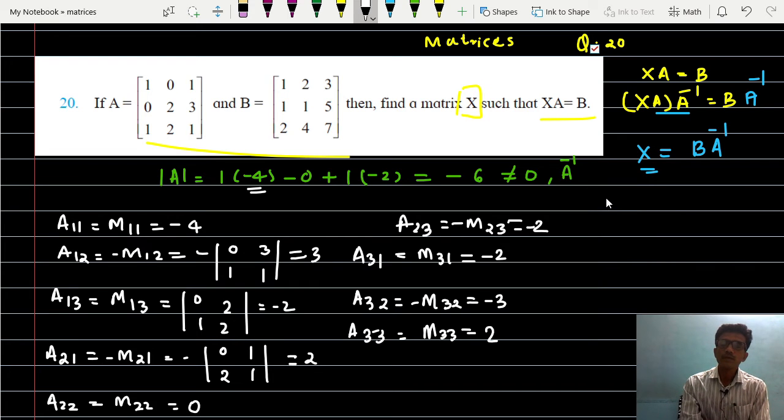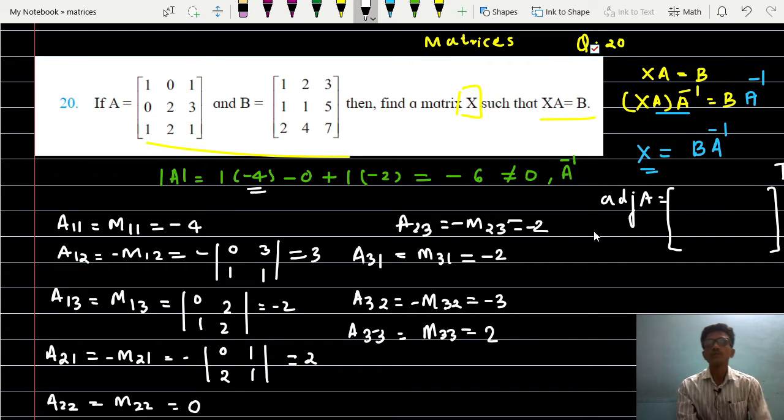Then what is the adjoint of the matrix? Adjoint of A is equal to the transpose of the matrix of cofactors.